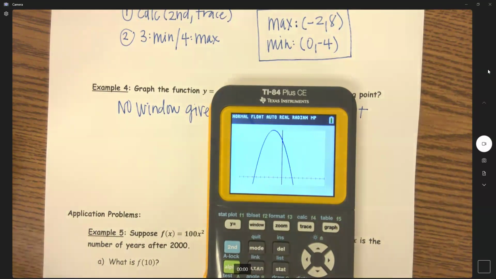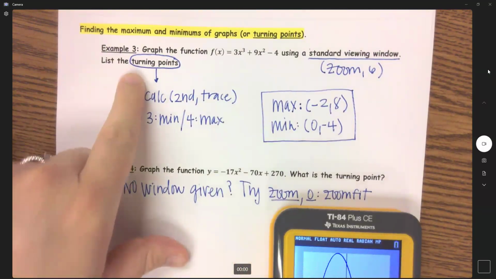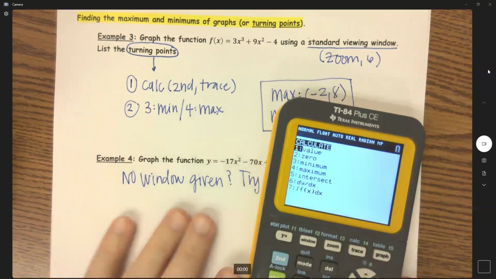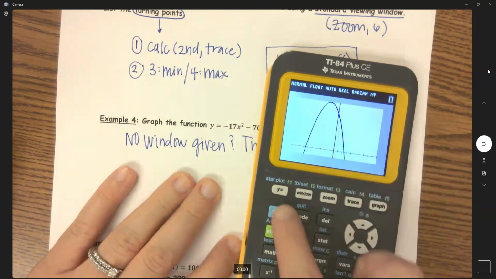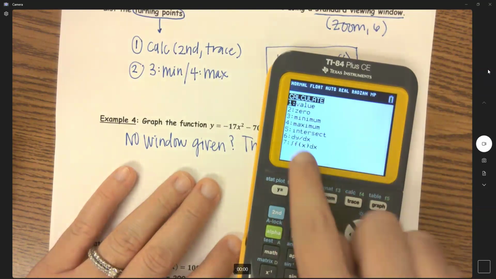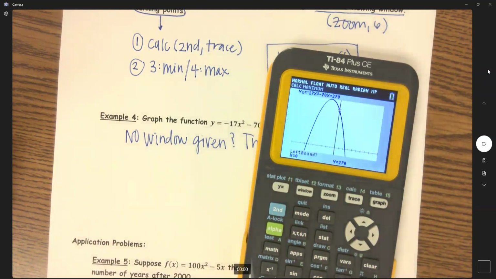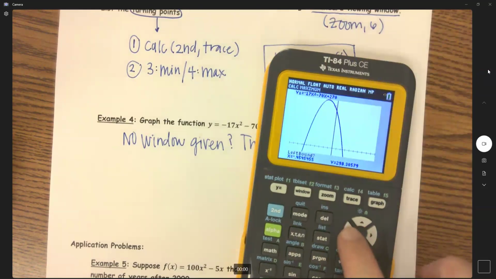So now let's find that turning point. So we'll go to Calc, which is second, trace. And from that graph, that is a max right there. So I want number 4, the maximum. I want the left bound. I am on the right side of where this max is, so I'm going to arrow over.